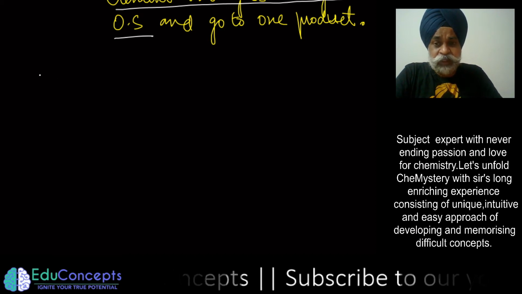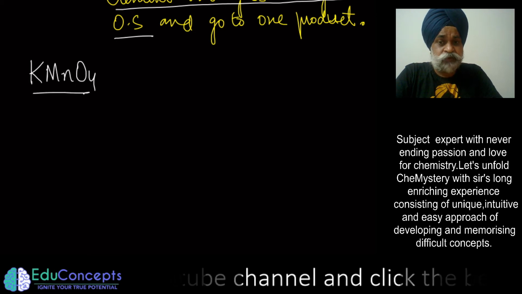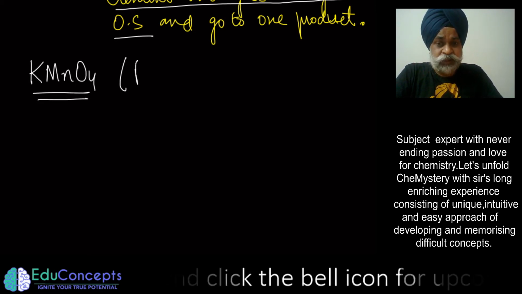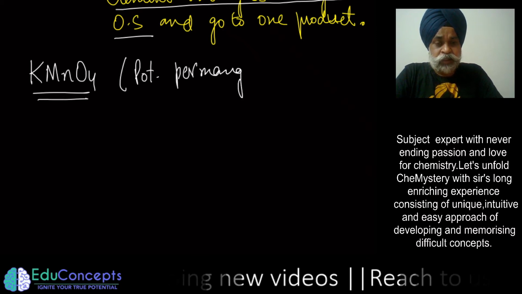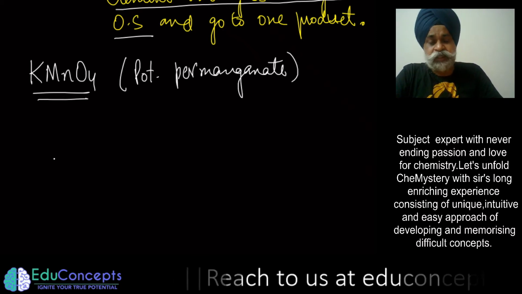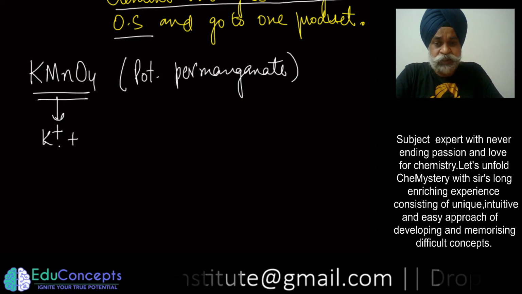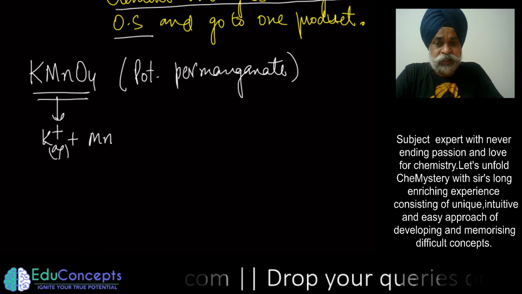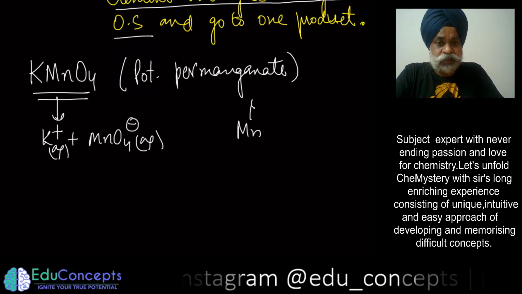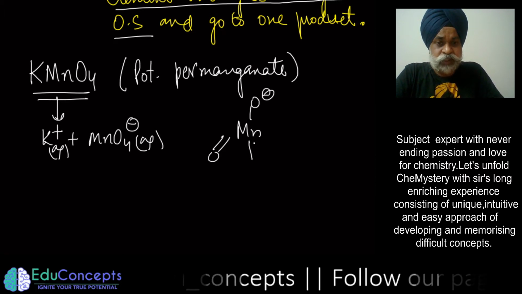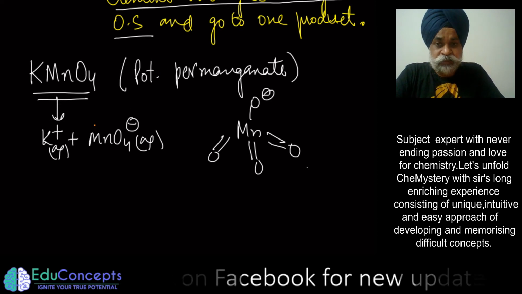Say for example, let me start with a very important compound, KMnO4. We tend to say it as potassium permanganate. If you put this into water, it would exist as K positive and permanganate ion, aqueous. If you go across its bonding structure, it is somewhat like this, where manganese is in +7 oxidation state.